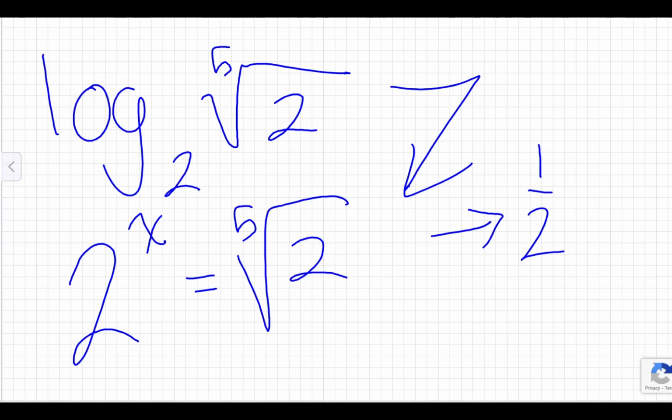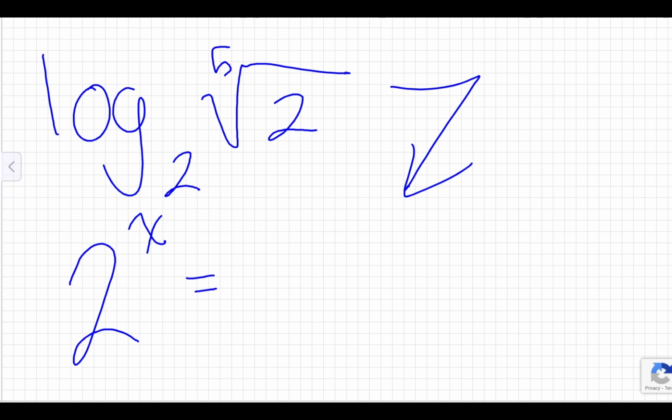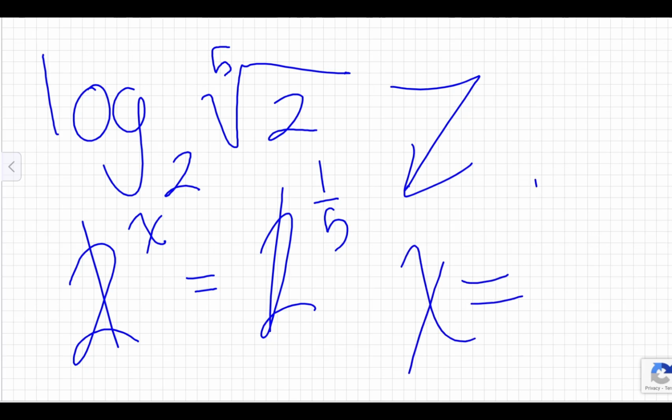So we just put 1 over 5. So we would change this right here to 2 to the power of 1/5. The 2's cancel out, and we're just left with x equals 1 over 5. And that's our answer for the logarithm function.